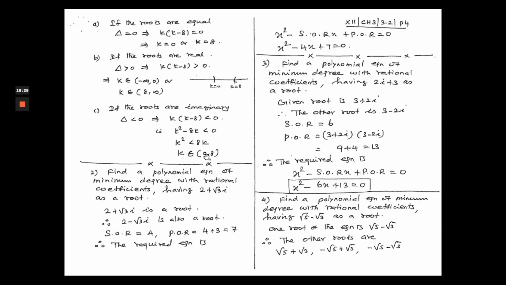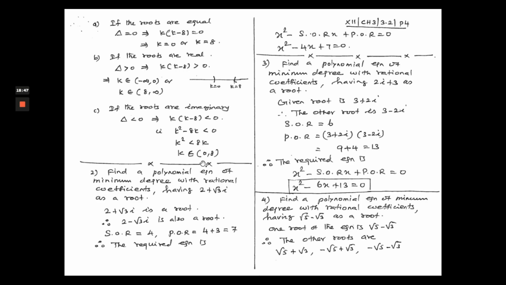Okay. So there are three cases in terms of k: delta is 0, delta is positive, delta is negative. In the three cases, k takes the value 0 or 8, or k belongs to minus infinity to 0 or 8 to infinity, or k belongs to (0, 8).